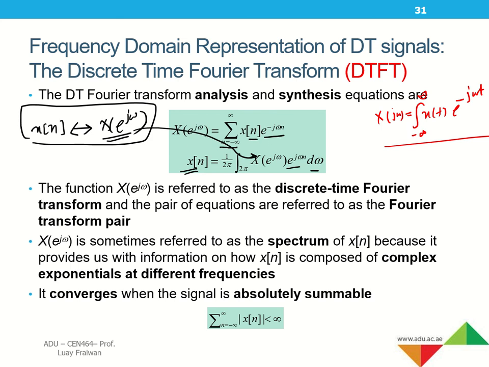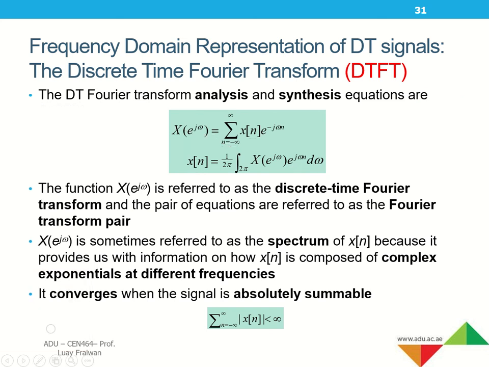This is the basic definition of the discrete time Fourier transform. Sometimes X of e to the j omega is called the Fourier transform, and also the spectrum of x of n. Usually it converges when the system is stable.